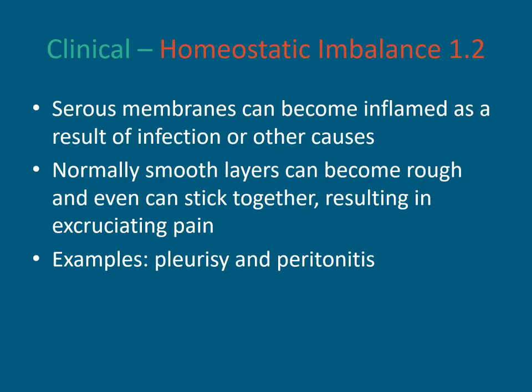If those membranes become inflamed, which sometimes happens if you have, say, an infection, they can start sticking together, and you're going to feel it. Because in the example of the pleural membranes, which surround the lungs, if they become inflamed, every time you inhale and exhale, any movement like that, it's going to hurt. That's what pleurisy is.